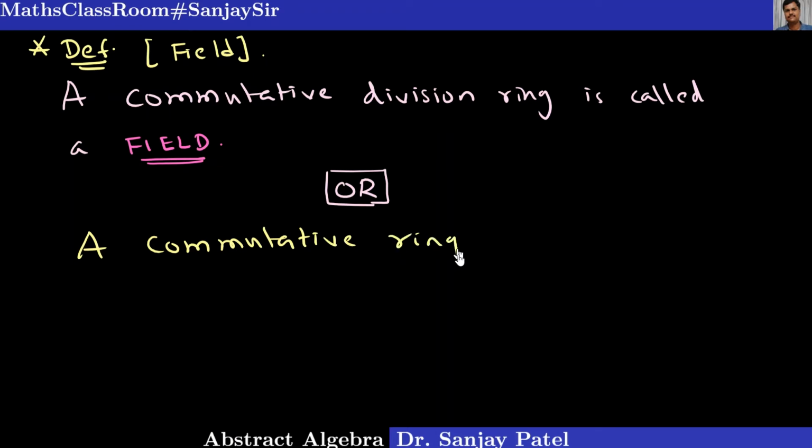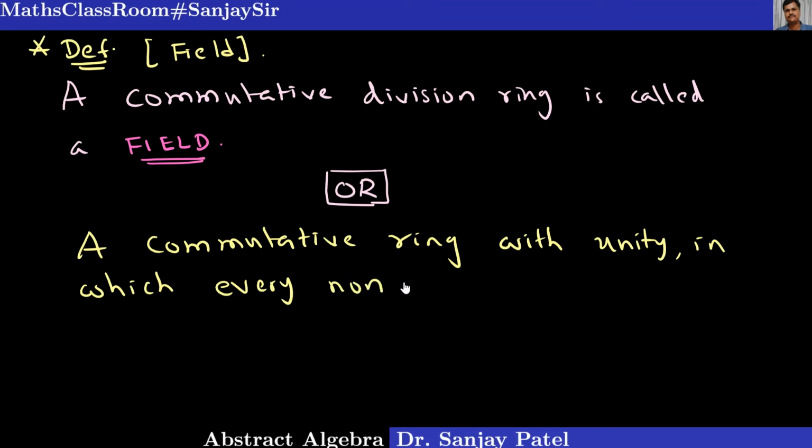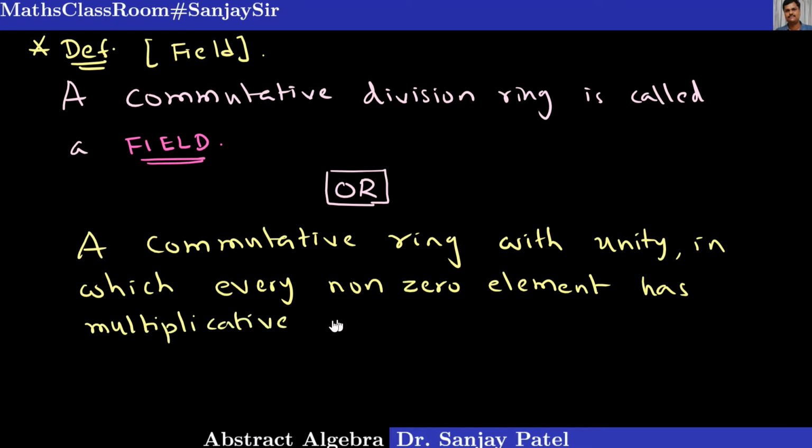A commutative ring with unity element, in which every non-zero element has multiplicative inverse, or you can say every non-zero element is a unit element of the ring. Every non-zero element has multiplicative inverse in the ring.